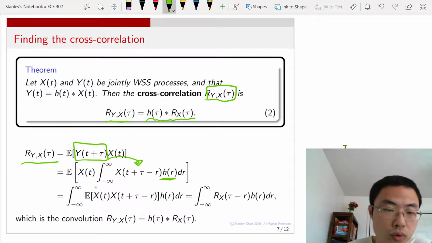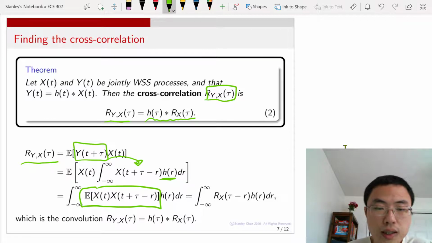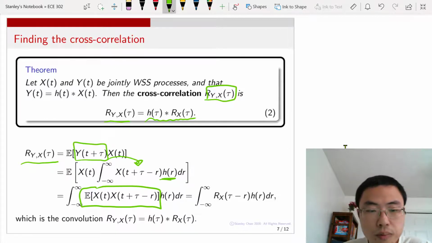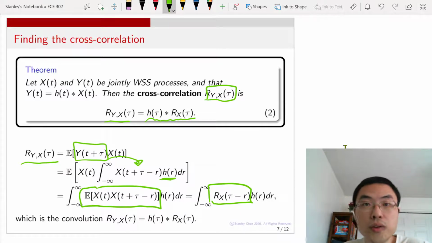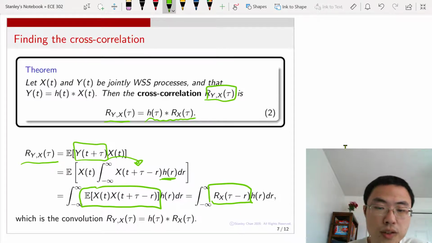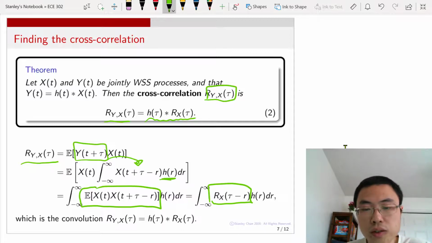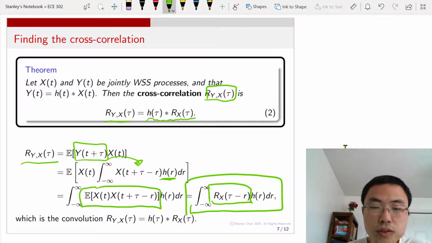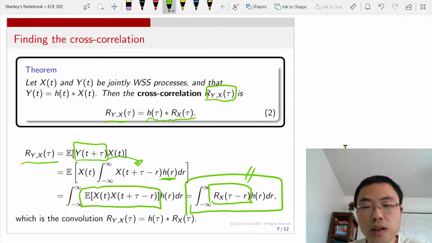Now, if you look at this expectation here, it is nothing but the autocorrelation function evaluated at the time gap, which is tau minus r. And so you have this term here. And this is just a convolution between Rx and h.